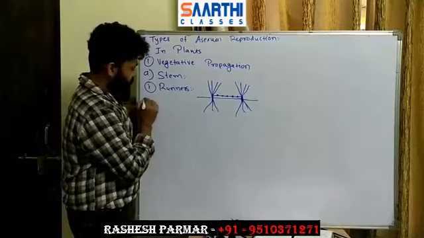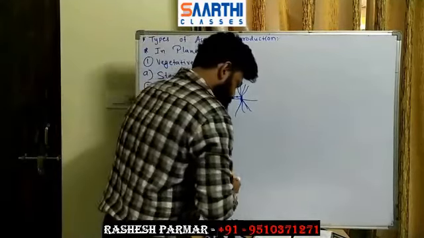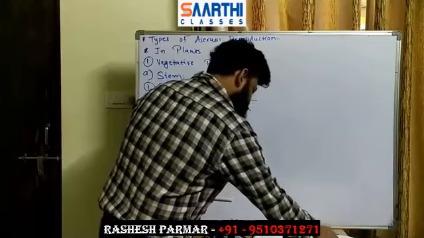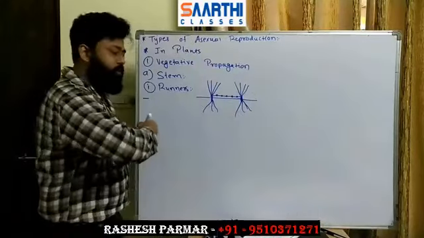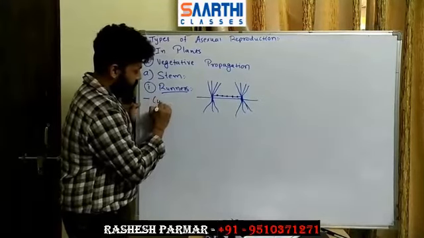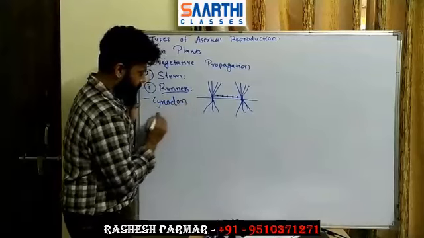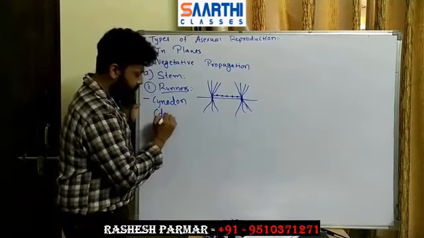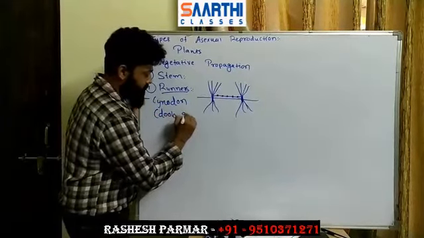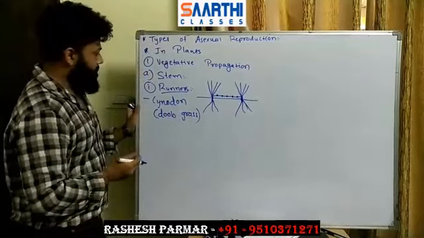What is the example of runner? It is Cynodon, commonly known as dub grass.